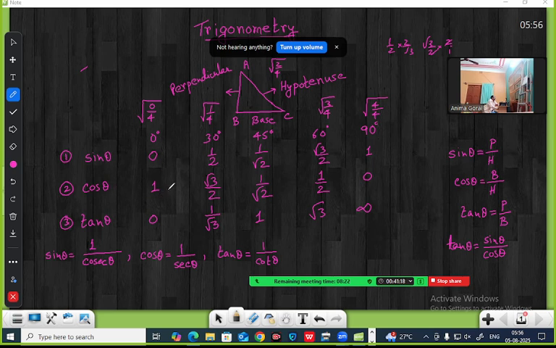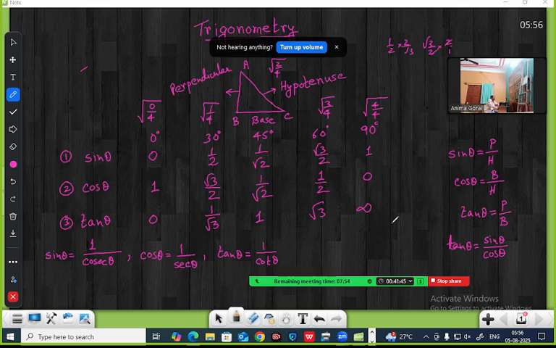Cos 0 is 1, cos 30 root 3 by 2, cos 45 1 by root 2, cos 60 1 by 2, and cos 90 0. And tan 0 is 0, tan 30 1 by root 3, tan 45 1, tan 60 root 3, and tan 90 infinity. In this way, we can find all the values, right?